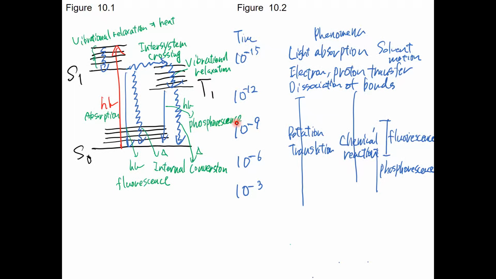The light emitting process from the S1 state, fluorescence, is on the order of nanosecond. On the other hand, phosphorescence, which is light emitting from a triplet state, is much slower, on the microsecond order and even extending into the millisecond order. So this is the time scale we are thinking about in photochemical processes.